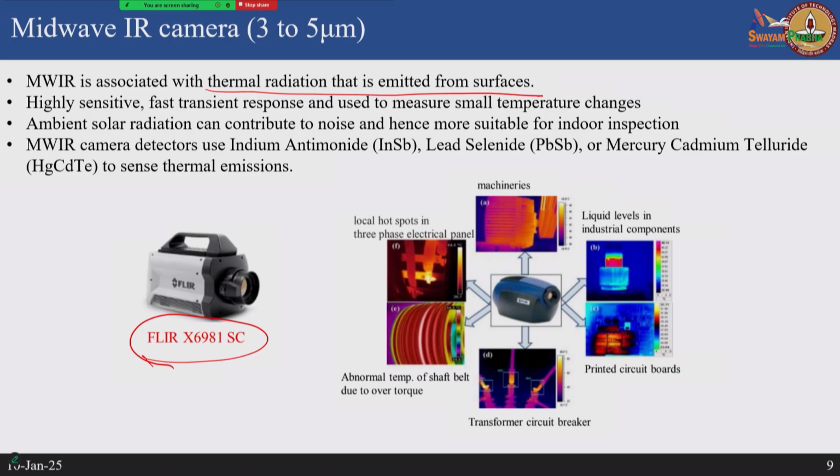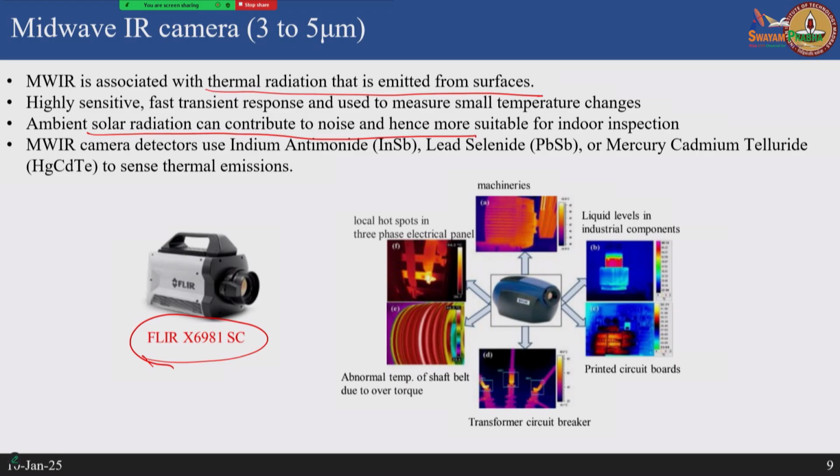Now, you have to be careful using these cameras. You cannot use them in the outside ambient atmosphere, because ambient solar radiation can contribute significant noise. They are particularly suited to an indoor experimental setup where you want to measure things when there is no direct sunlight exposure to the camera sensors.